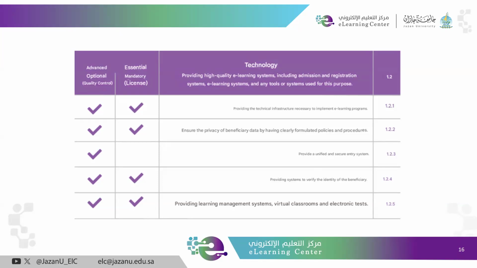And we have more for the technology, but here in this diagram, it requires providing tools for managing learning, virtual classrooms, and electronic tests to facilitate the overall e-learning experience.